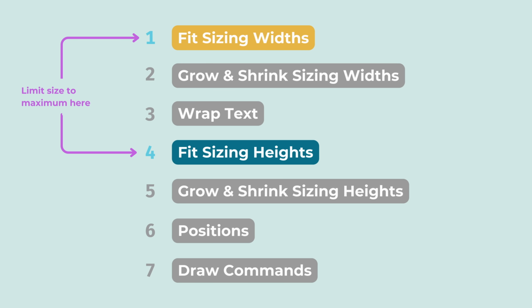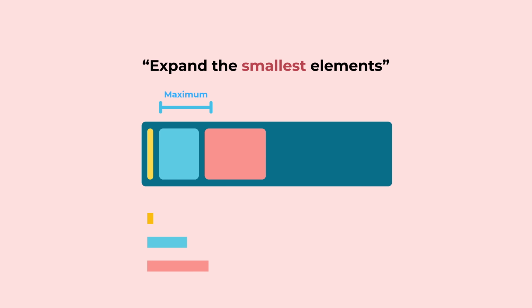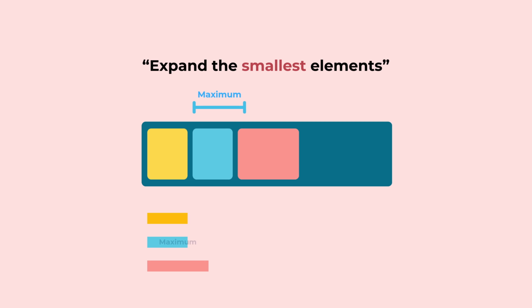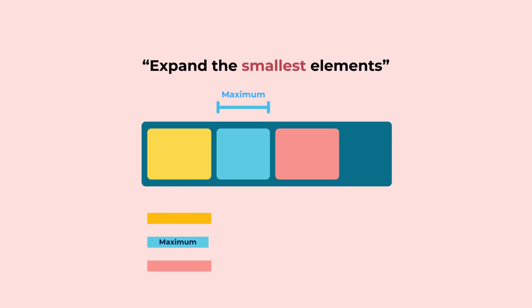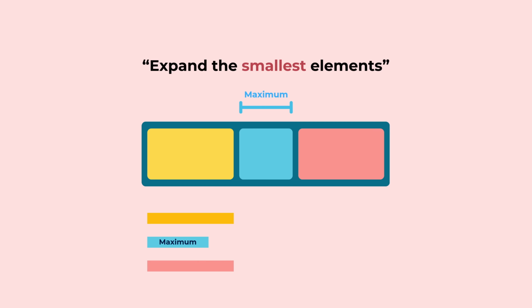The second place we need to handle this is when we're growing elements to take up additional space in their parent. And in exactly the same way as shrinking elements, where we simply remove elements from our shrink array if they've hit their minimum size, we do exactly the same thing for our array of growable elements if they've hit their maximum size. Very simple and straightforward, and we already understand most of the logic that's happening there.